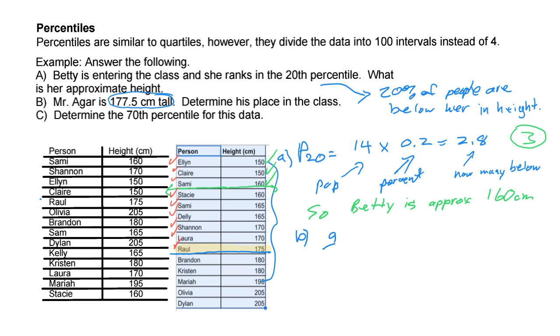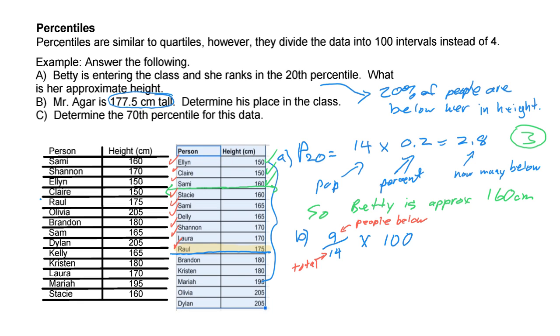So there's 9 people divided by 14. Just remember, this 9 on the top is the people below. Then we're just going to multiply it by 100 to find our percentage. Remember that the 14 on the bottom is the total number of people.